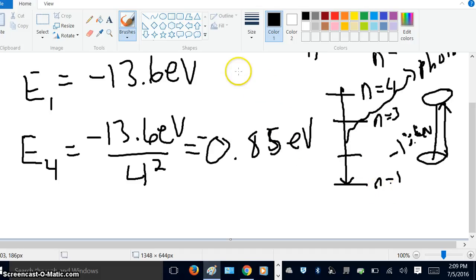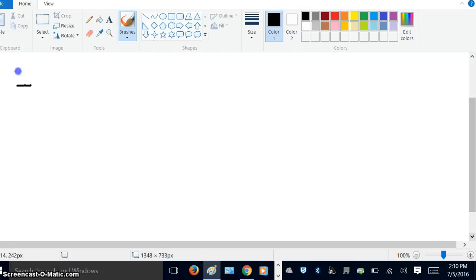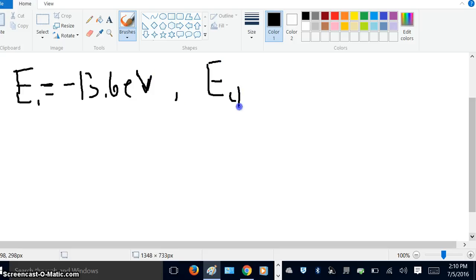All right, and so the energy. We had E1 was negative 13.6 electron volts, and we had E4, the energy for the electron in the fourth quantum state, was negative 0.85 electron volts. So we're going to complete this.